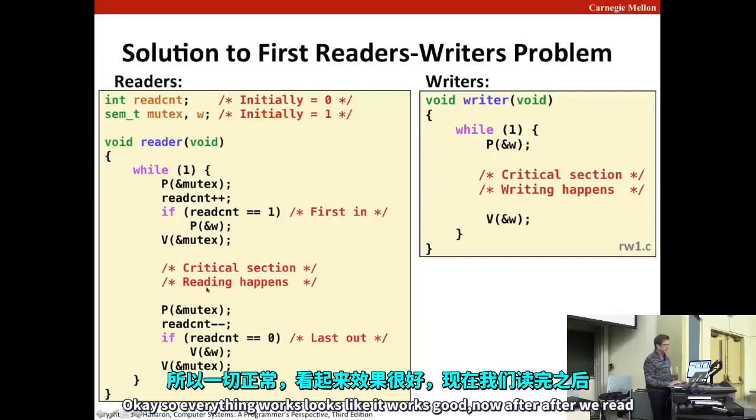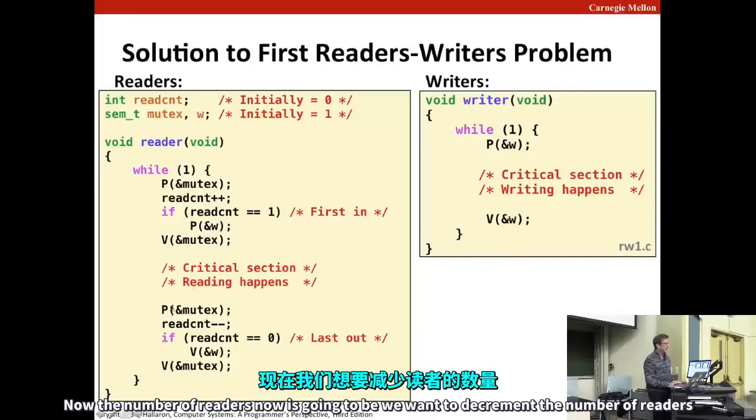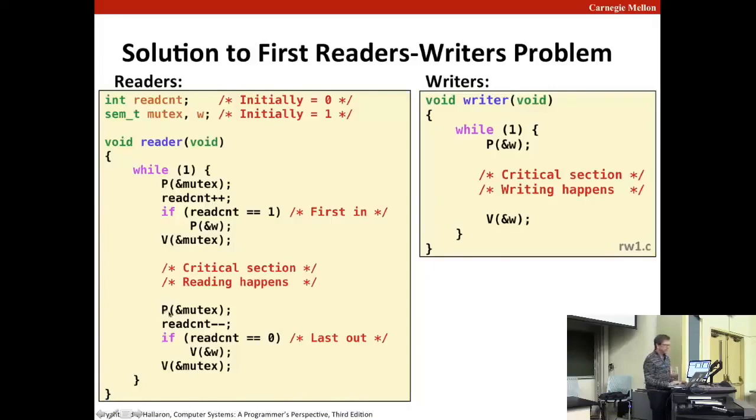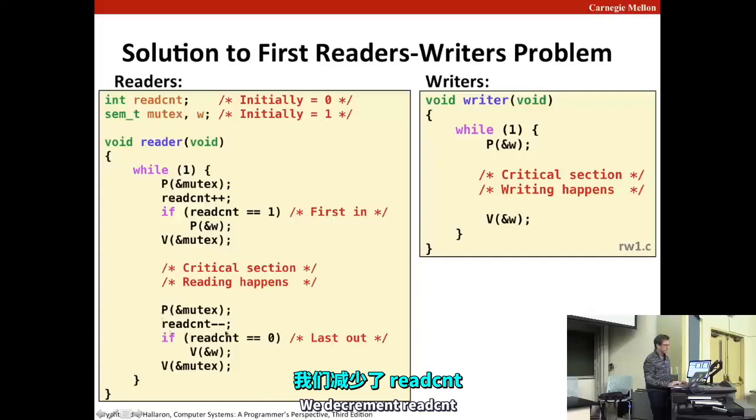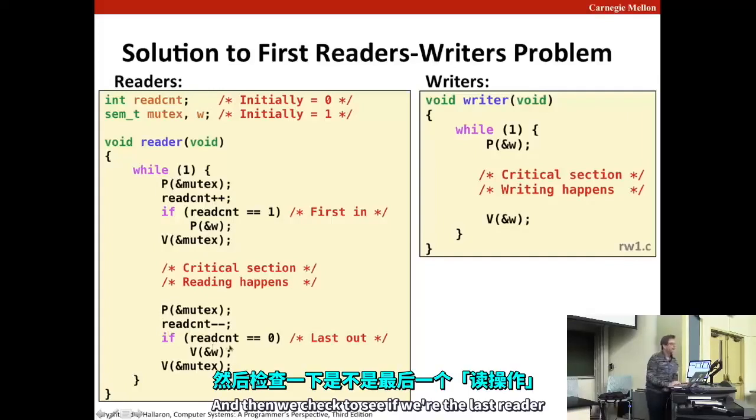Now after we read, we want to decrement the number of readers, so we acquire the mutex on read count. We decrement read count, and then we check to see if we're the last reader.